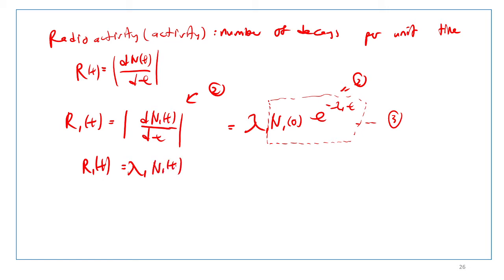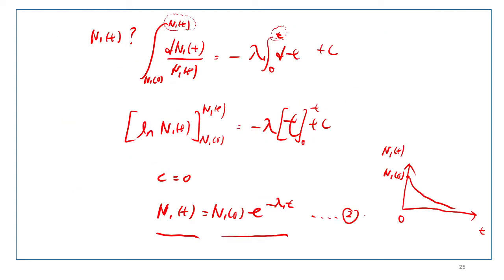At time t equals 0, the R0 will be lambda 1 N10, and at any time t, R(t) is equal to lambda 1 times N1(t). N1(t) is what we had here according to equation number 2.